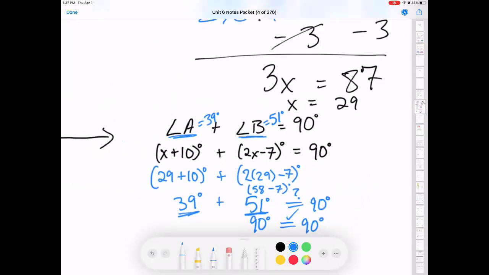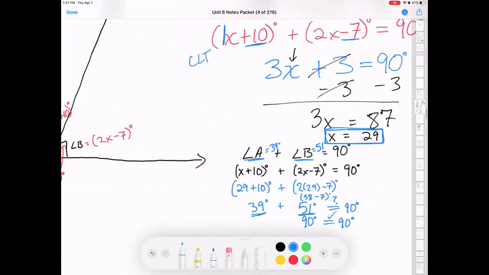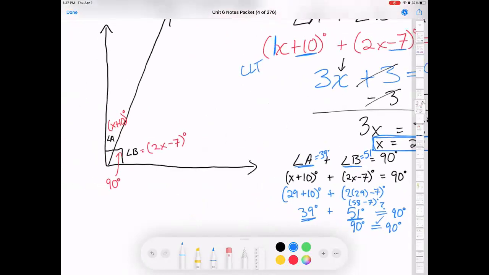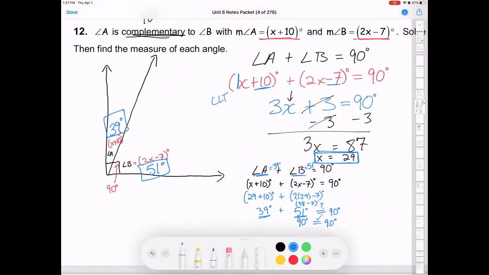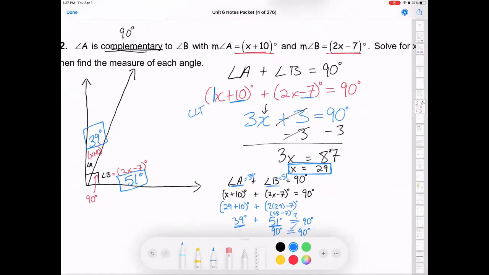So our final answers are x equals 29, angle A was 39 degrees, and angle B was 51 degrees. I need all of those in boxes as our final answers. Feel free to pause the video if you have any questions on example 12.